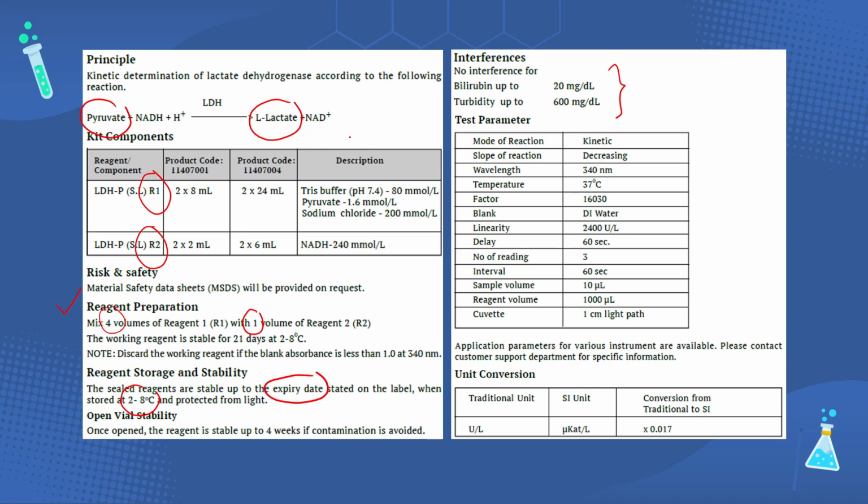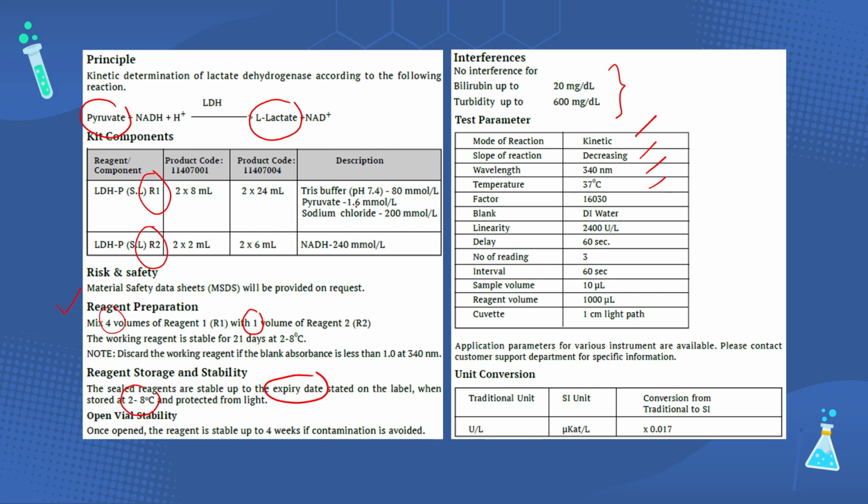So for your test parameters, as written here, of course, this is a kinetic method. And what you will notice in terms of your slope, upon reading the absorbance per minute, it would be decreasing. The wavelength is 340 nm, and our temperature here should be 37 degrees Celsius.